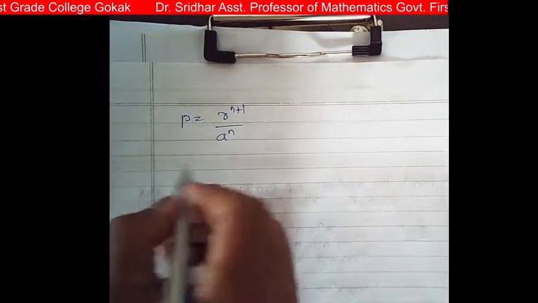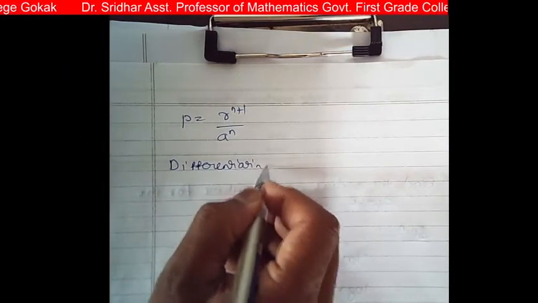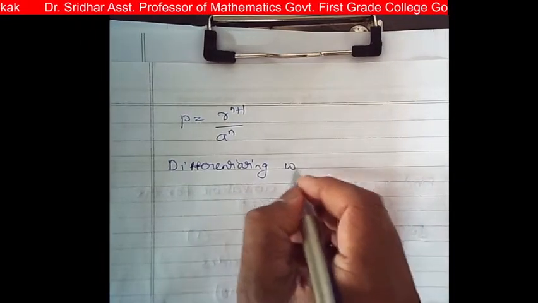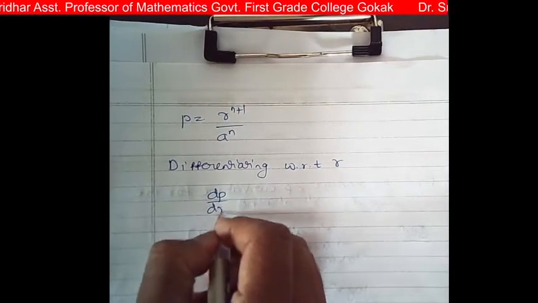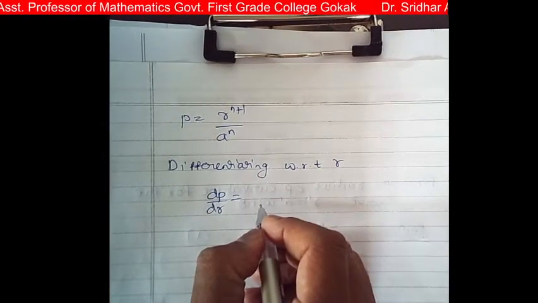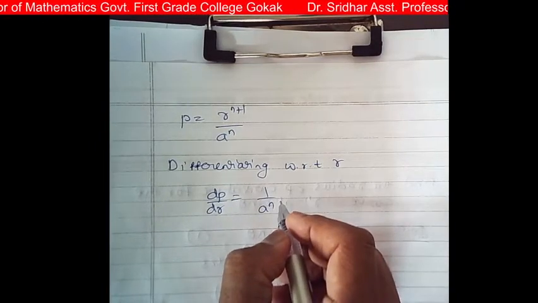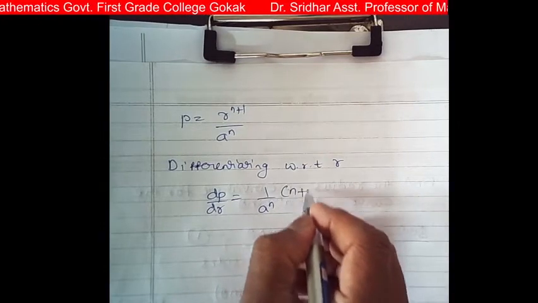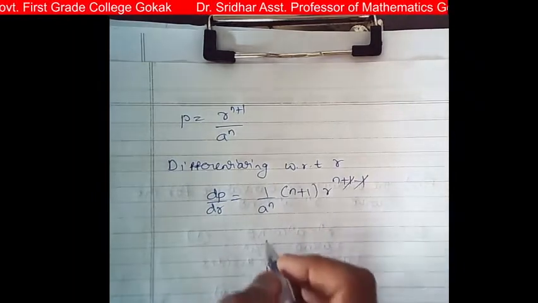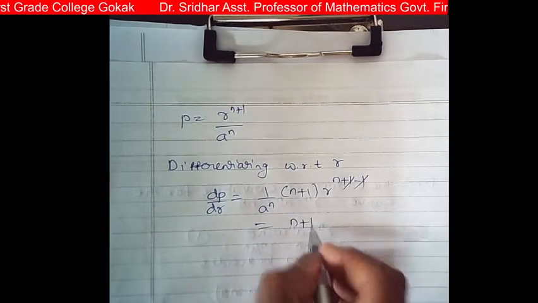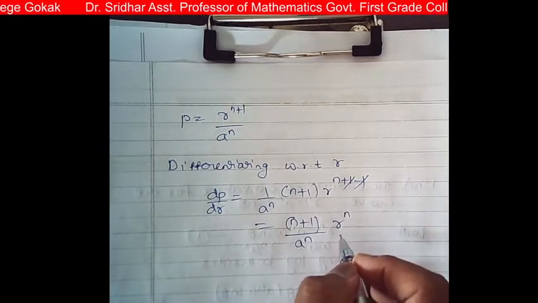Now differentiating with respect to r, we get dp by dr is equal to, now 1 by a raised to n is constant. Now differentiation of r raised to n plus 1 is n plus 1 into r raised to n plus 1 minus 1. So minus 1 plus 1 get cancelled, which is equal to n plus 1 divided by a raised to n into r raised to n.